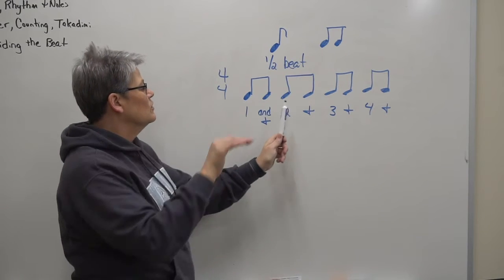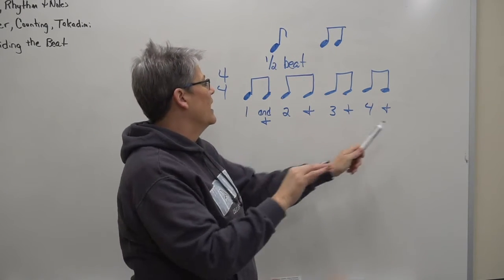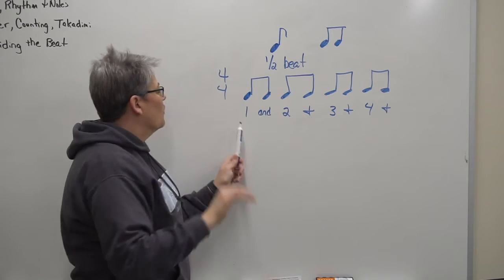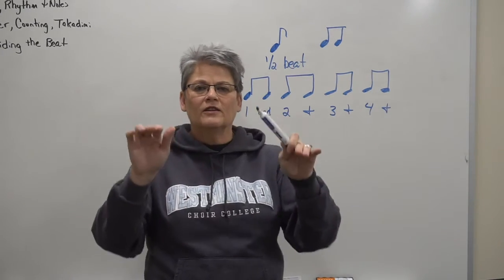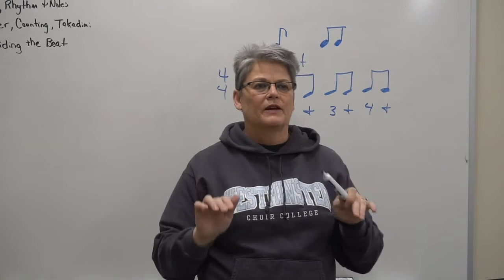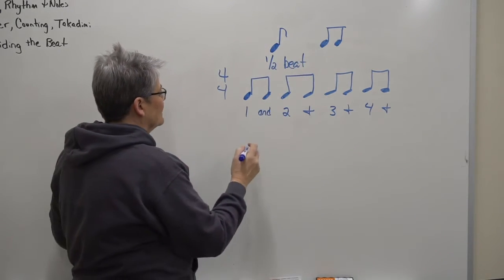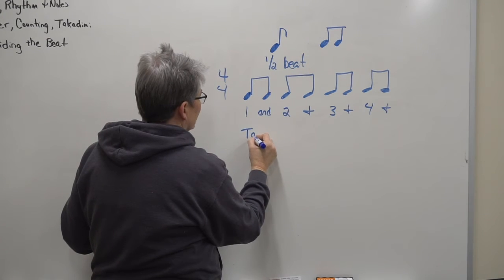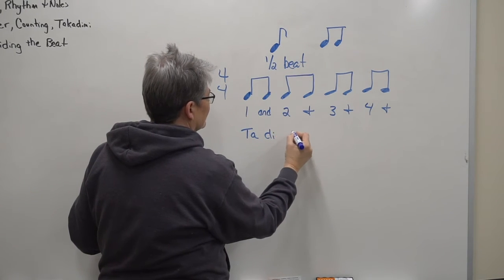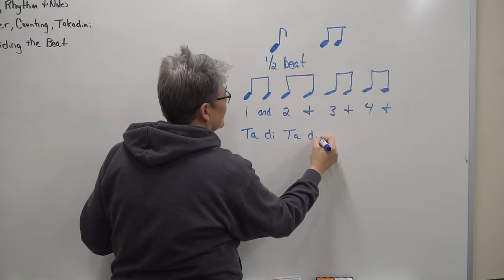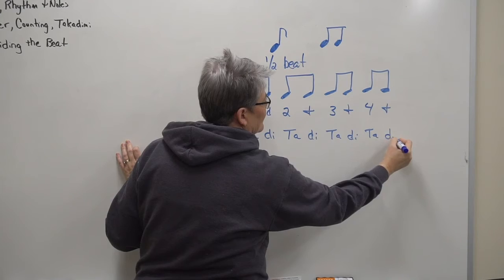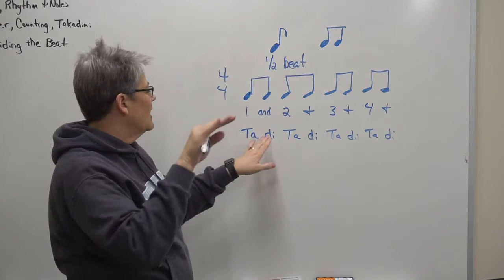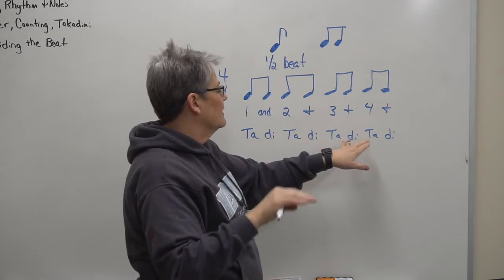So 1 and 2 and 3 and 4 and. 1 and 2 and 3 and 4 and, you can feel how you divide that. Now if we did this with Ocadie, we would simply say ta-di, ta-di, ta-di, ta-di.